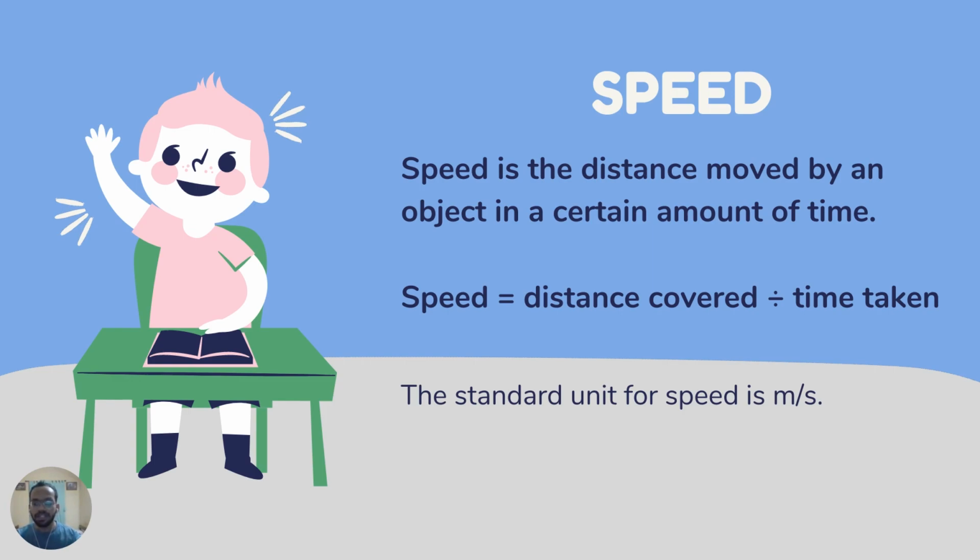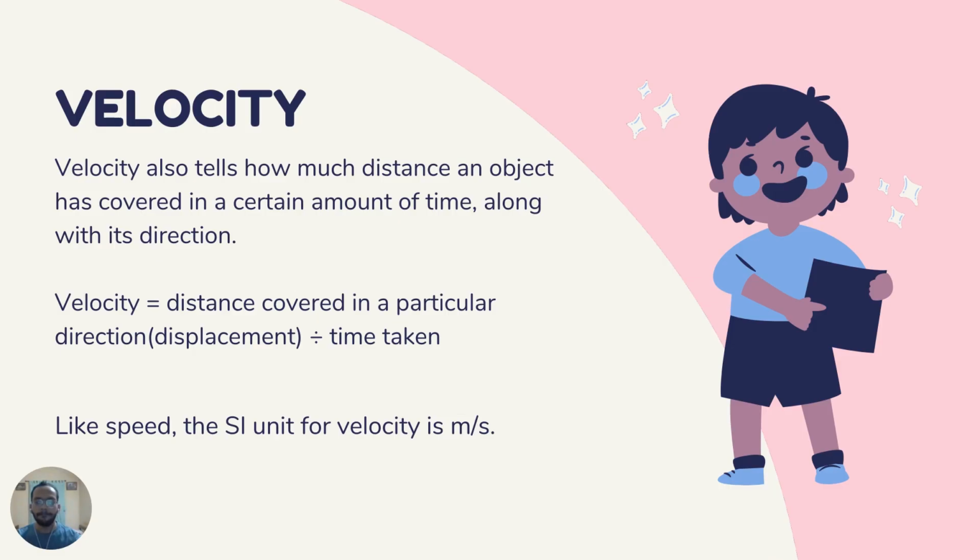The problem with speed is we don't know in which direction the speed is acting. And for that, we modify the speed formula and velocity is derived. Now, velocity also tells how much distance an object has covered in a certain amount of time, but additionally, it says in which direction it is acting.